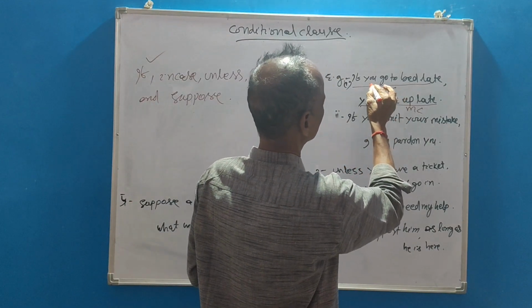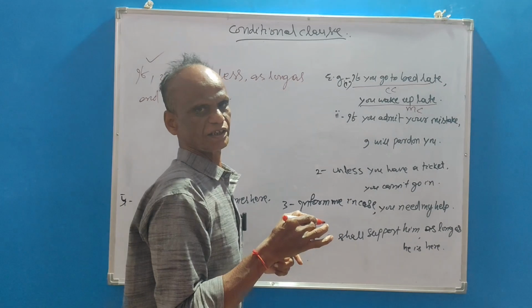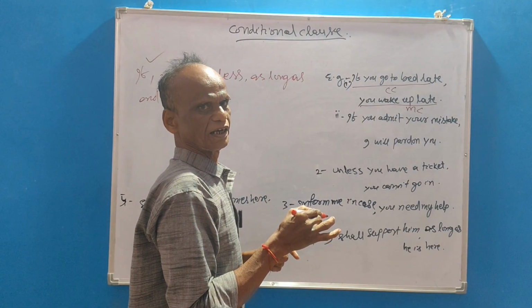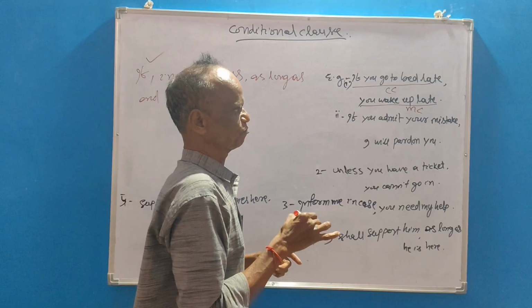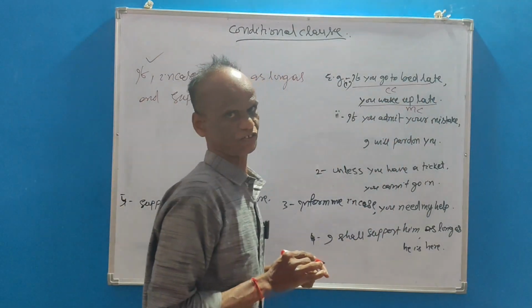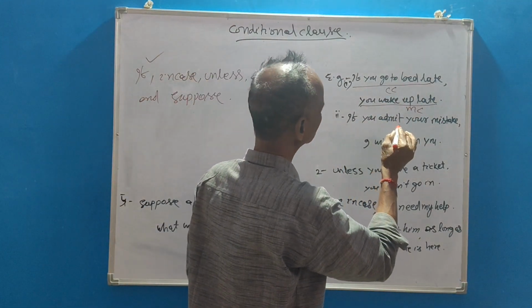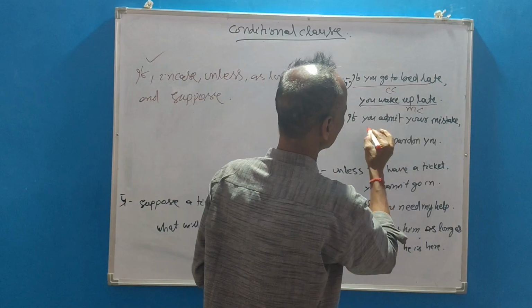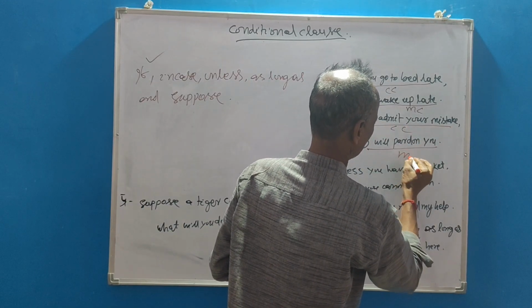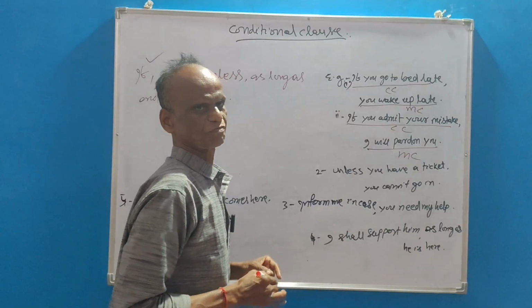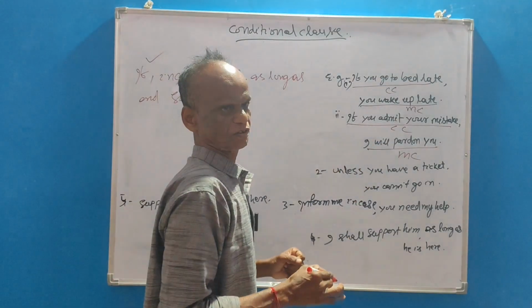So if you go to bed late, it contains a definite condition that you wake up late. If you admit your mistake, conditional clause, I will pardon you, main clause.